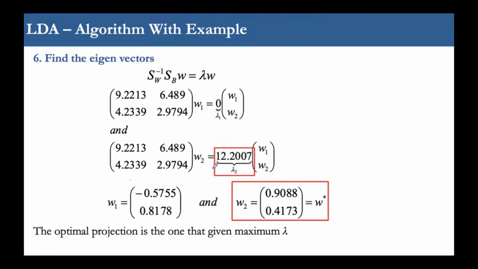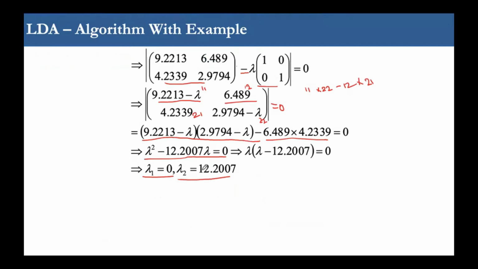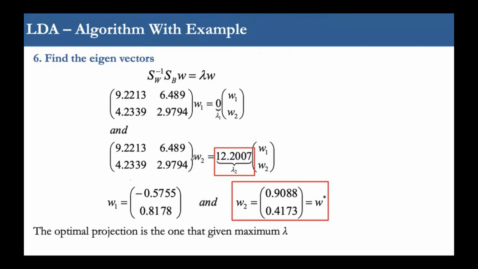From these eigenvalues, usually we select the maximum lambda value. Which one has the maximum lambda value? It is 12.2007. Now we will check for both values, lambda 1 as well as lambda 2, so we need to find the eigenvectors. How do we find the eigenvectors?